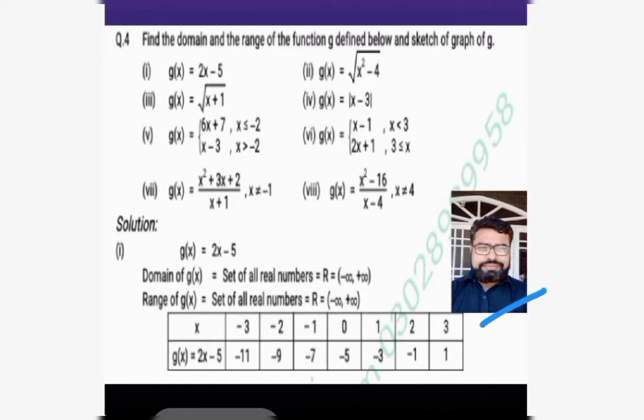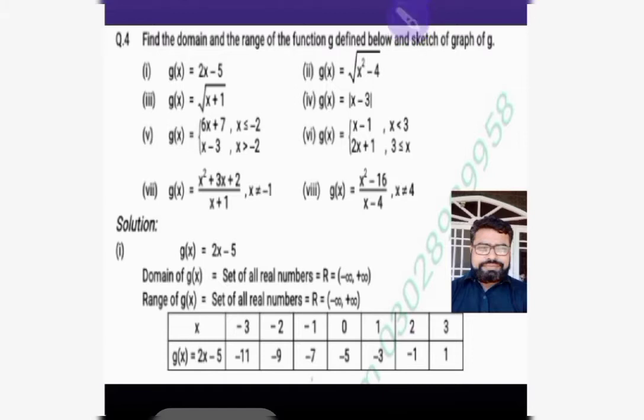The values we are putting are domains and these are range. If we put 1, 2 into 1 is 2, 2 minus 5 is -3. If we put 2, 2 into 2 is 4, 4 minus 5, minus 1 is the answer. If we put 3, 2 into 3 is 6, 6 minus 5 is 1. These are domains and these are range.